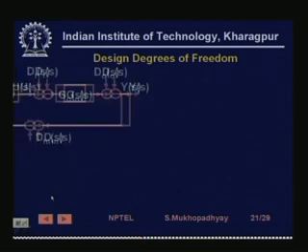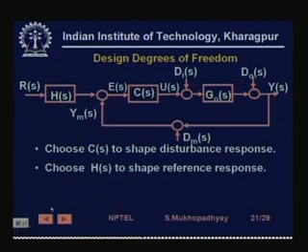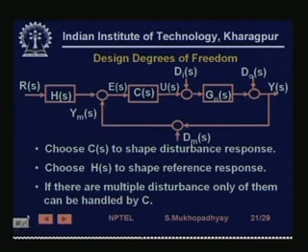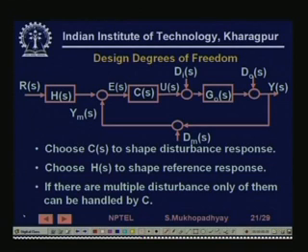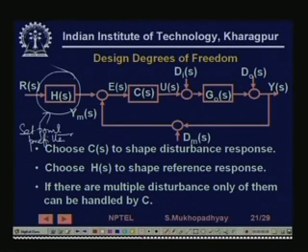Now, you could improve this situation by having this. For example, in this case there are 2 degrees of freedom. Why? Because you have introduced a set point pre-filter. You choose CS to assign a response to D0s, and once you have done that, then you choose HS to shape the reference response.